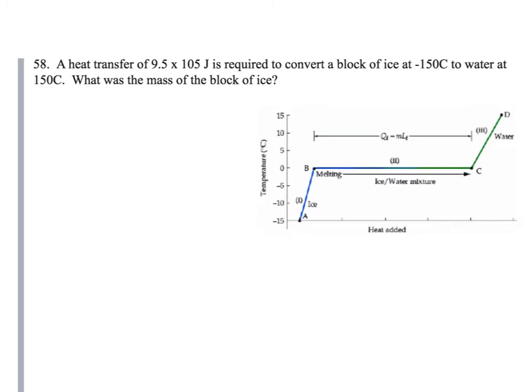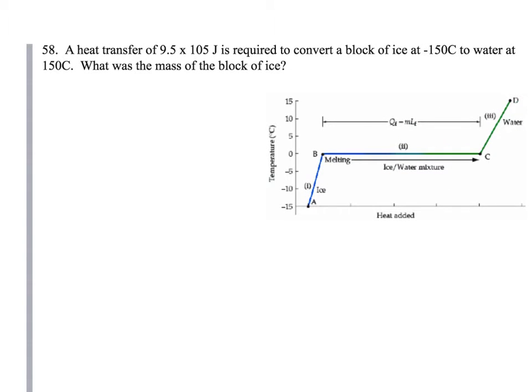So in looking at this problem here, we want to take a look at the heat transfer. We want to find out the mass of the block here. As the heat is first added, the ice starts out at -15.